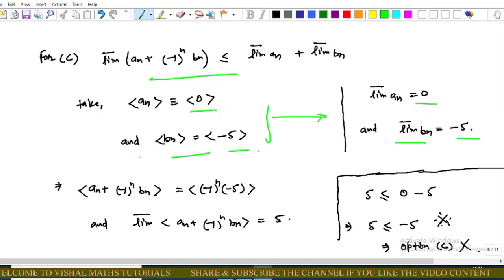Now using these two sequences we have the limit superior of a_n equal to 0 and the limit superior of this constant sequence equal to -5. Now the sequence a_n plus (-1)^n b_n converts to (-1)^n times -5. As we know, the limit superior of this sequence is equal to 5. Now putting these values in the given inequality, we have 5 less than or equal to 0 minus 5. This implies that 5 is less than or equal to -5. This is impossible. This implies that option C is again incorrect.